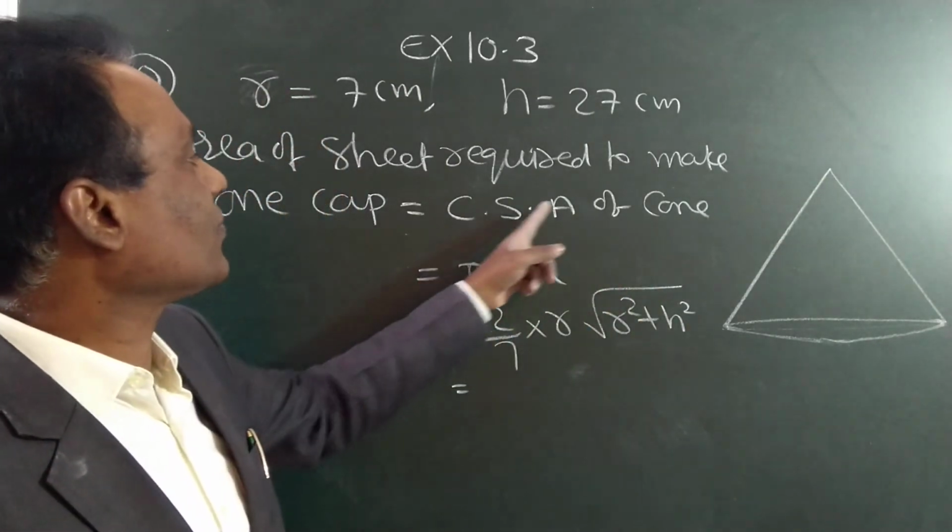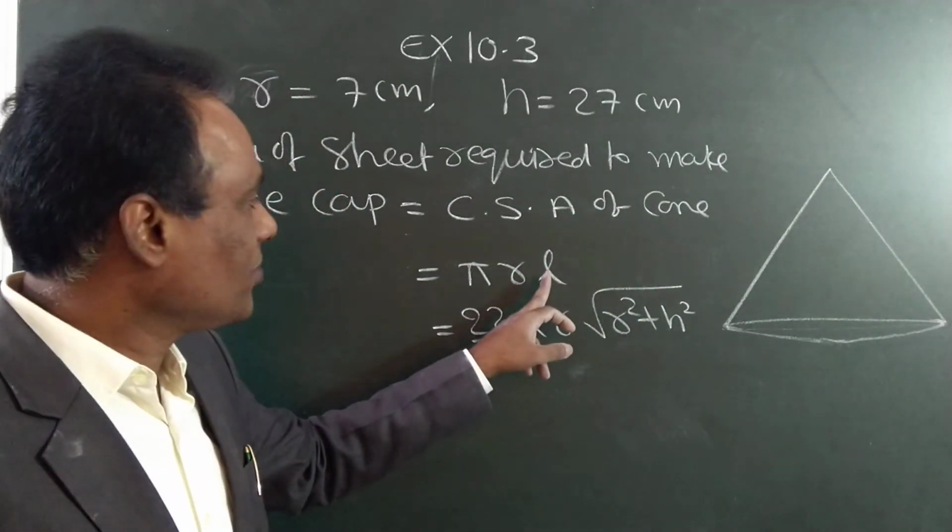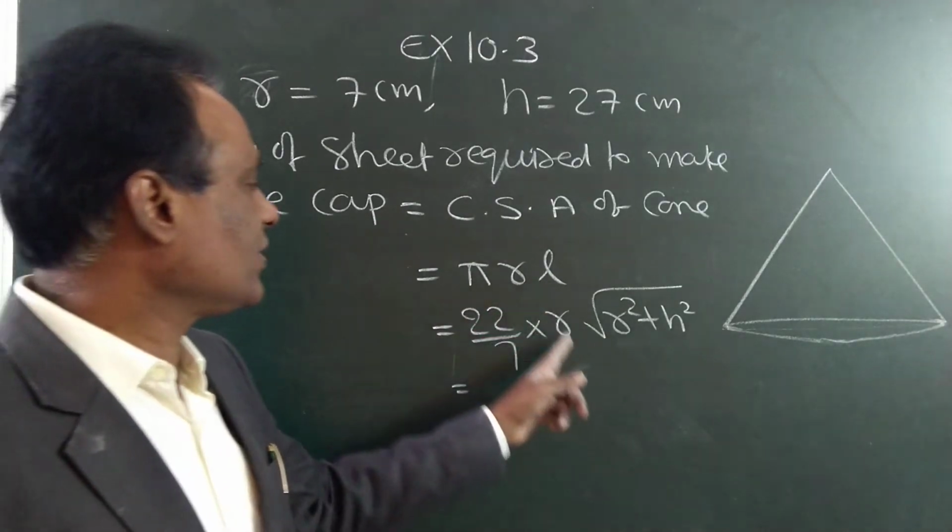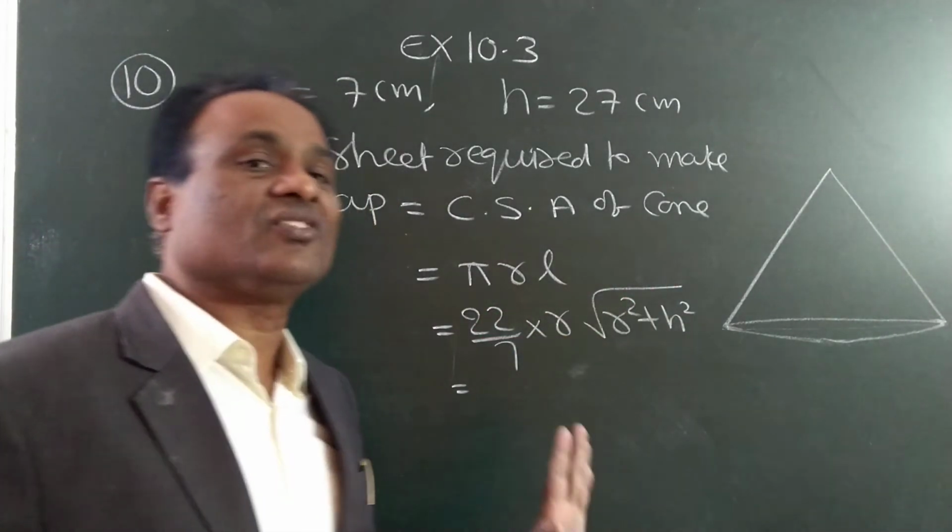Curved surface area formula is pi r L, but L is not given. L is nothing but root of r square plus h square.